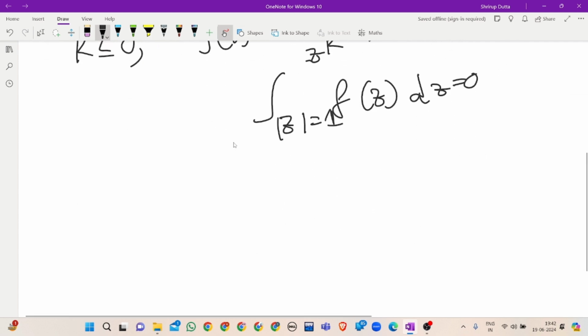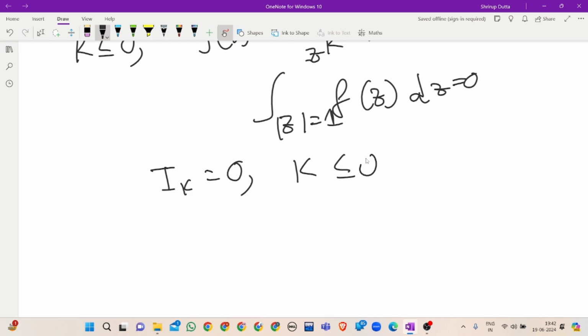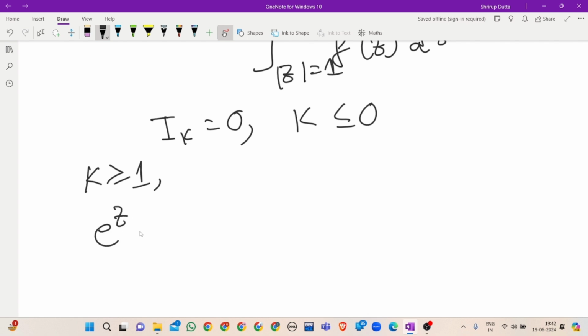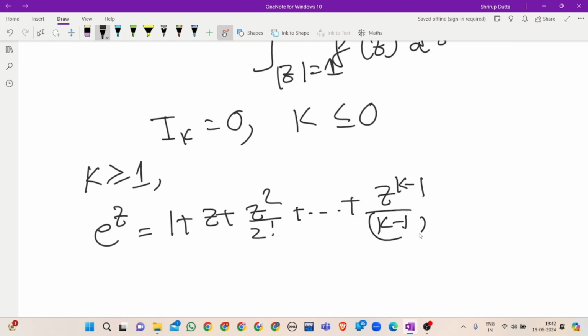So I_k is 0 for k less than or equal to 0, and we need to verify for k greater than or equal to 1. For that we need the power series representation of the exponential function: z square by 2 factorial plus z to the power k minus 1 by k minus 1 factorial plus z to the power k by k factorial plus z to the power k plus 1 by k plus 1 factorial, and so on.